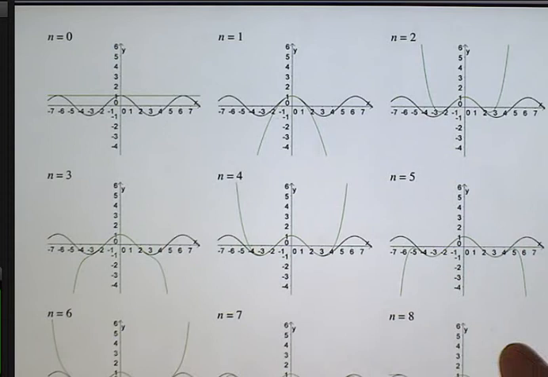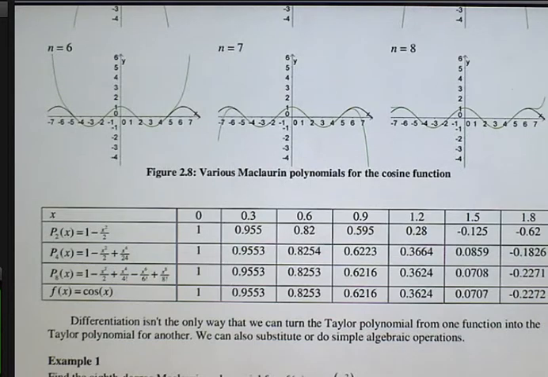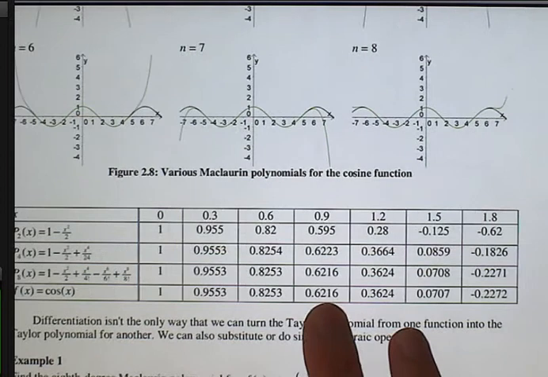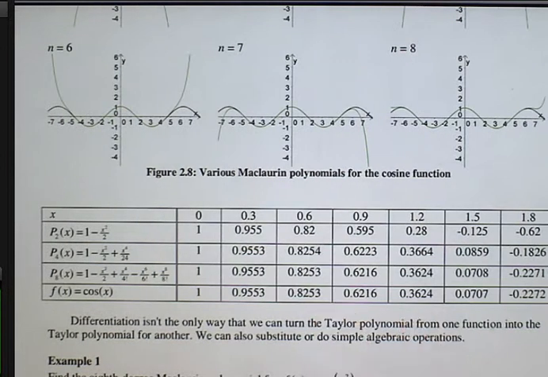Okay, so what I want to look at are the errors that are occurring. So if you can look at this table here, you can see that the bottom row is the one that is the actual value. So f of x is equal to the cosine of x. At 0, you can see that the 8th order Taylor polynomial and the 4th order and the 2nd order, they're all good, right?